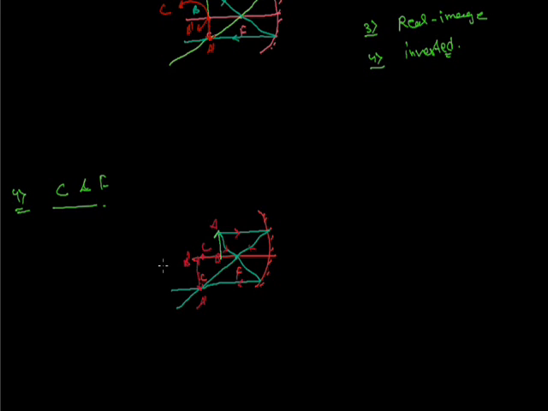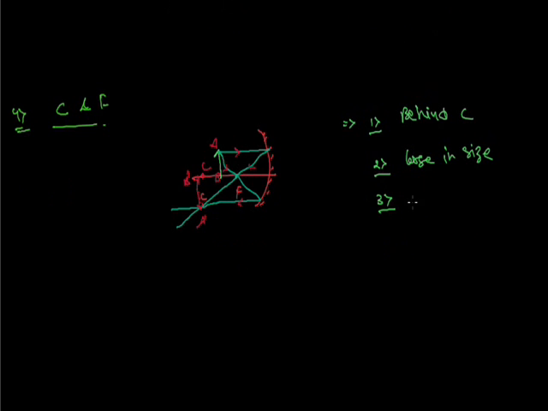Here is the center of curvature. Now define the characteristics of the image. First point is the image is formed behind the center of curvature. Second point is this image is large in size, third point is the image is formed inverted, and fourth is real image.